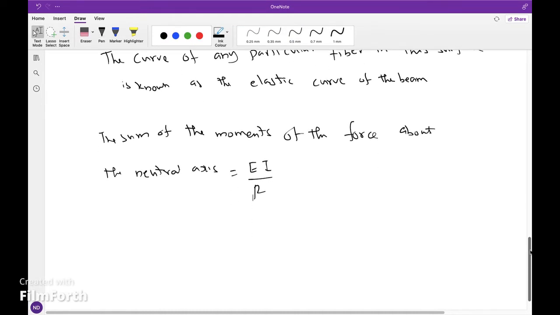Capital R, we know, is the radius of curvature, and I is the moment of inertia of the cross section area of the beam.